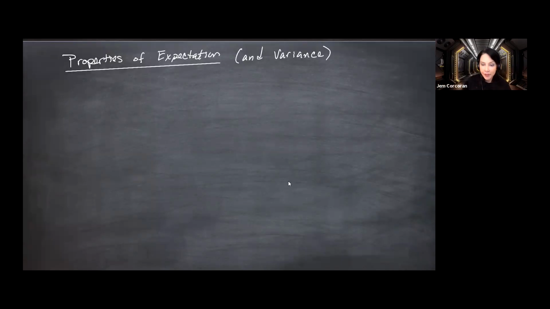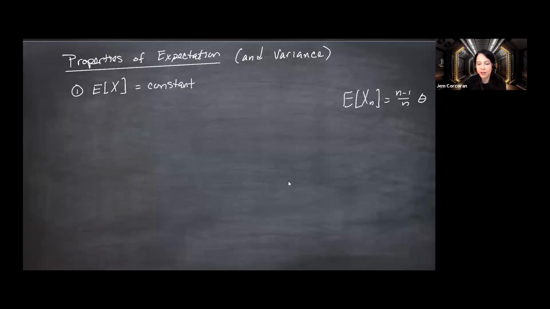The first thing in my list is just to point out something you already know, and that is the expected value of a random variable is a constant. A constant meaning non-random, and I always say that because we've been talking about sequences of random variables, and you might have the expected value of an X_n be (n minus 1)/n times theta, and that maybe doesn't look constant to you.